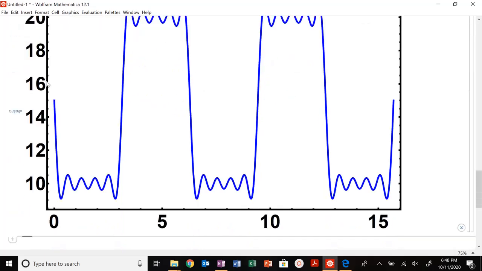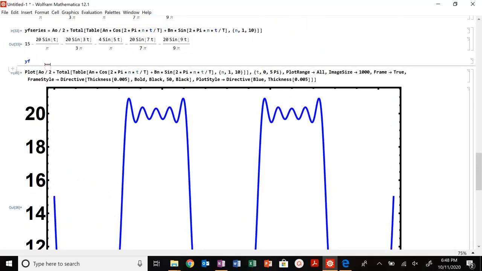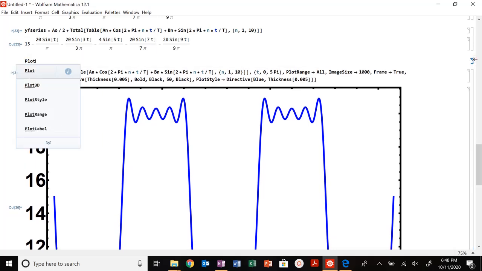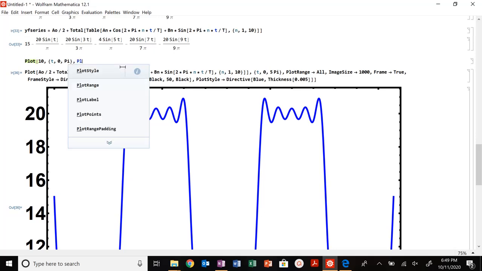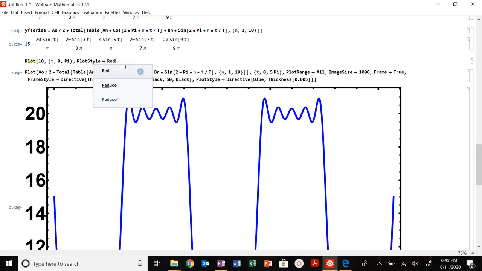Like this. So this doesn't have much context, so I need to plot first several different functions here. So I want to plot my original function, so that square wave. I'm going to plot 10 from t from 0 to pi. I'm just going to make this plot style red.